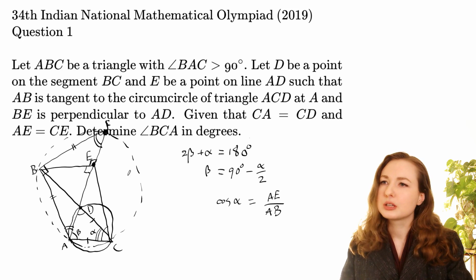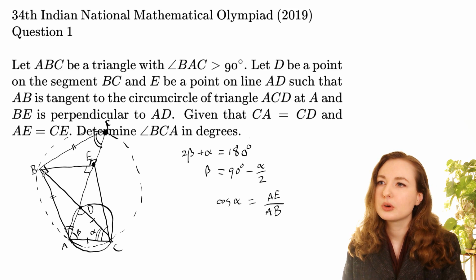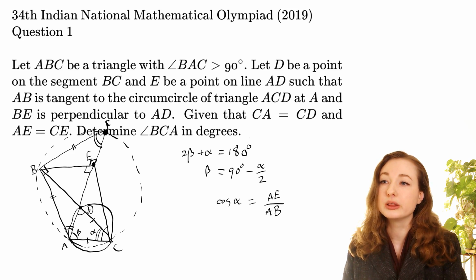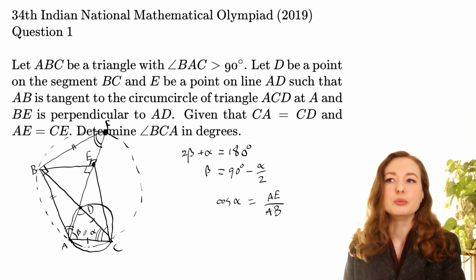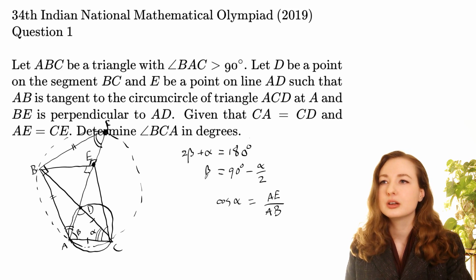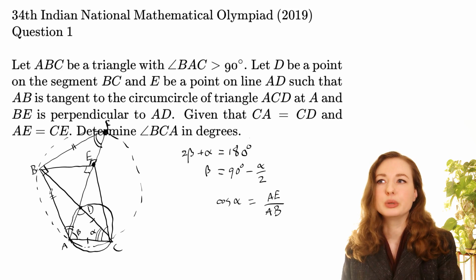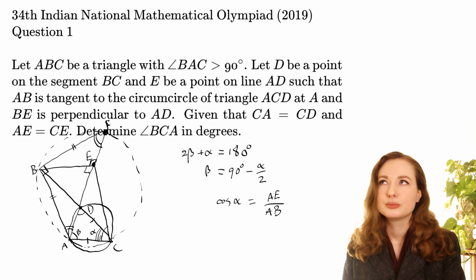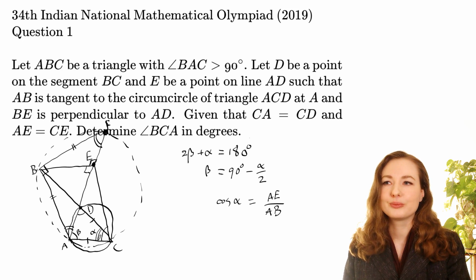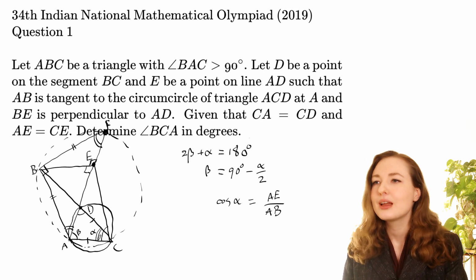My idea is to maybe do sine rule in this triangle, which will give us a relationship between AB and AC. And then we can look at this triangle and try to get a similar relationship there, which is why I want this relationship between AE and AB, so that I can maybe eliminate. You'll see.